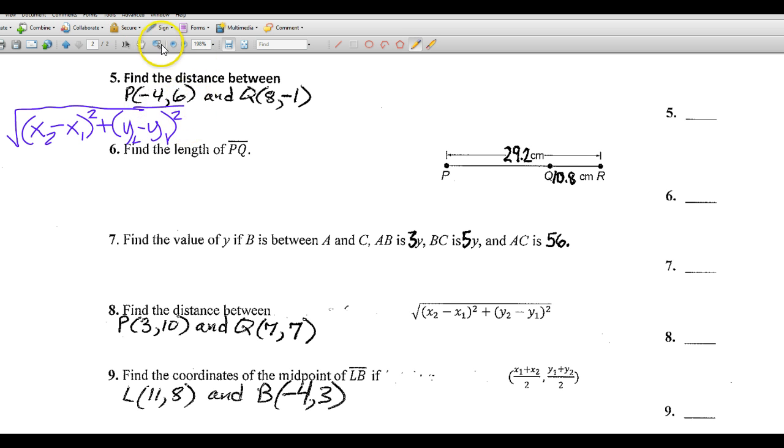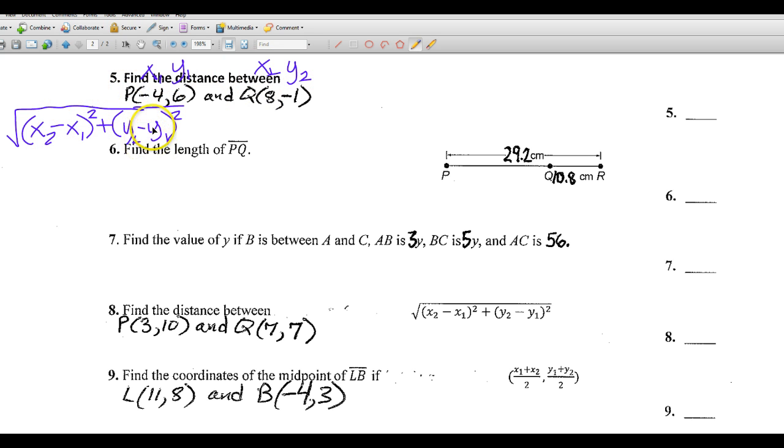So we have our 2 points, so we would label one of our points x1, y1, and then the other one x2, y2. And then just plug those numbers into what we have here.